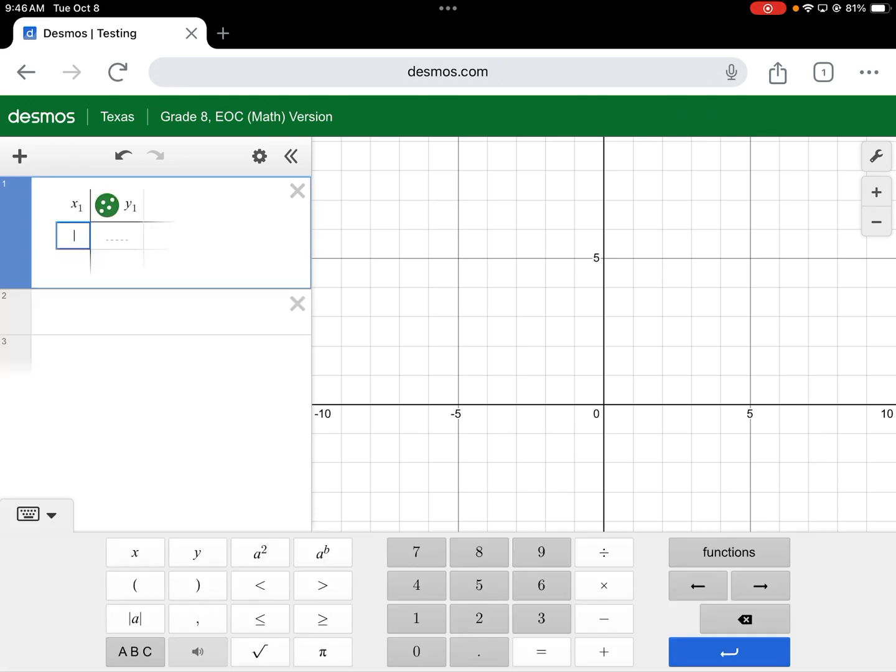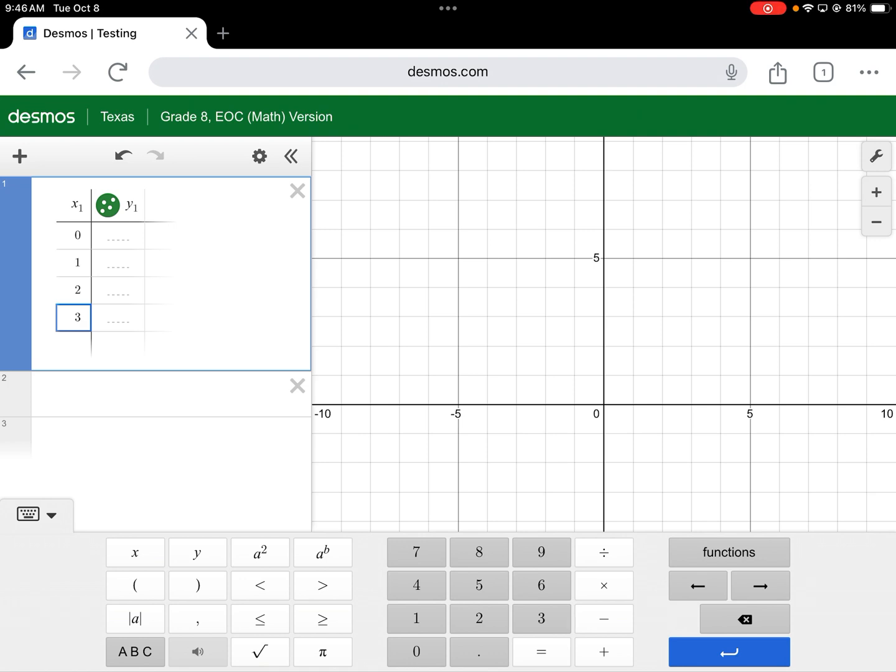Okay, so let's hit the table. You'll need to put the table in. So 0, 1, 2, 3. Did we go to 4? Okay, 4. And now put in the values. So 954, 933, 904.